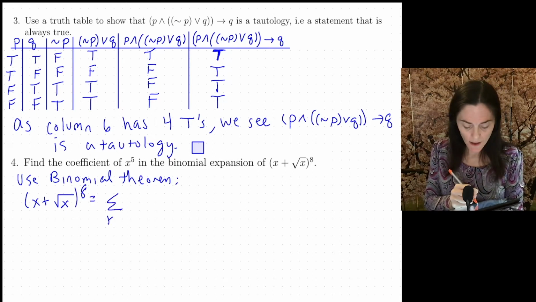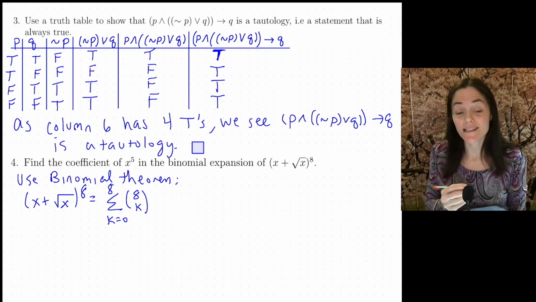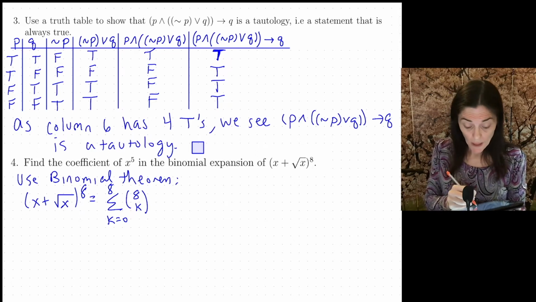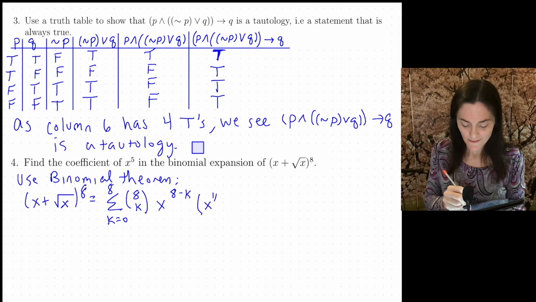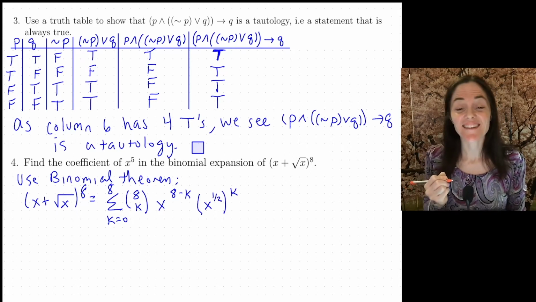And this would be a sum, k equals 0 to 8. We have 8 choose k. Let's see, I can write it this way, x to the 8 minus k, and then square root of x to the k, right?